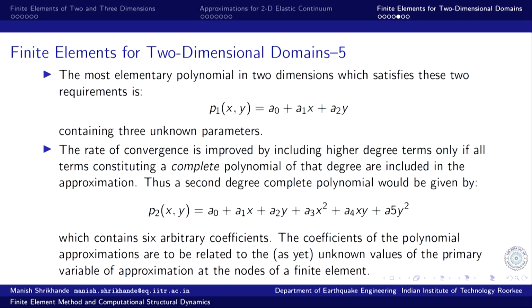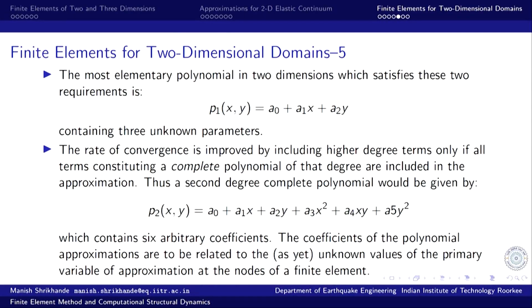So, what are the second degree terms? I need to include the x square term, the y square term, and also the cross product x y term. x y is also a second degree term from the second degree polynomial. So, a complete second degree polynomial is given by 6 terms with 6 unknown coefficients.